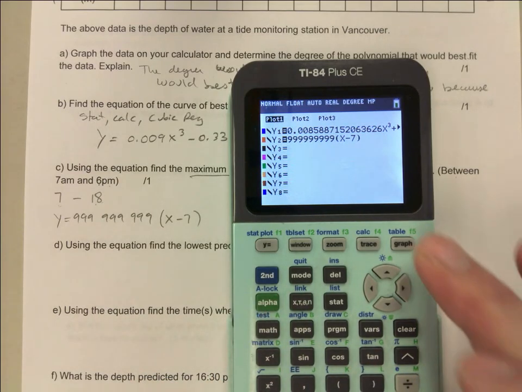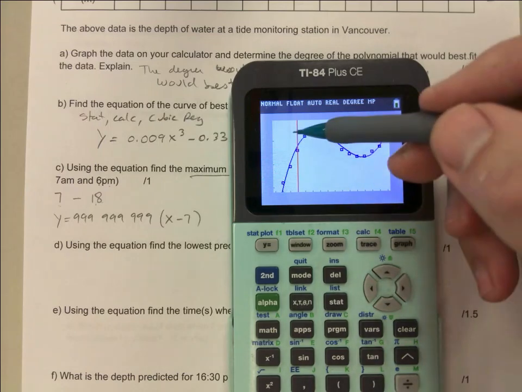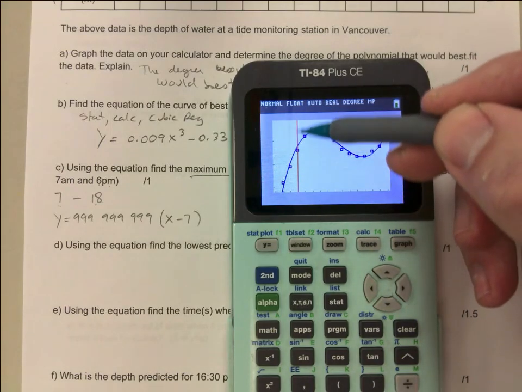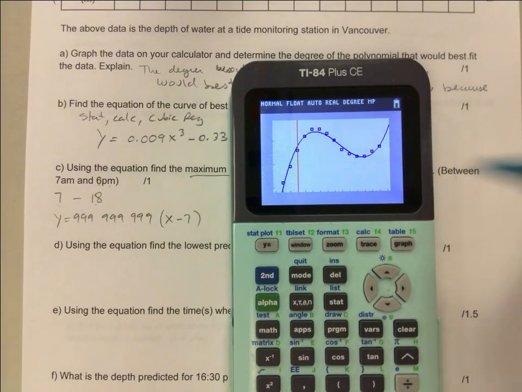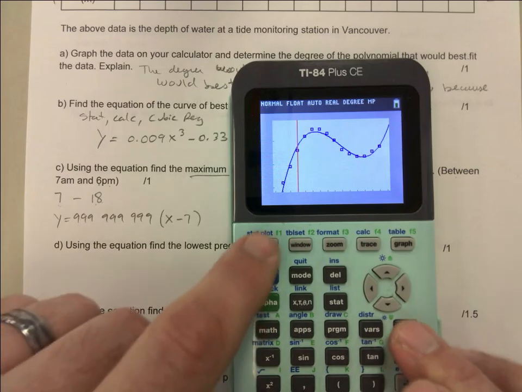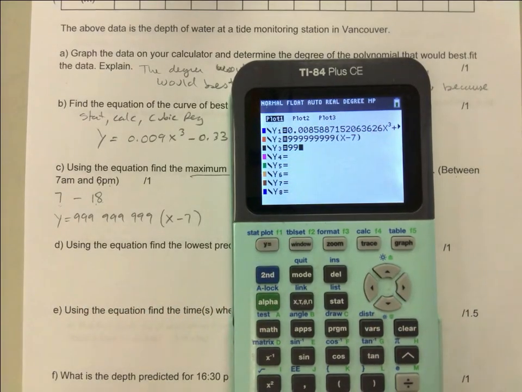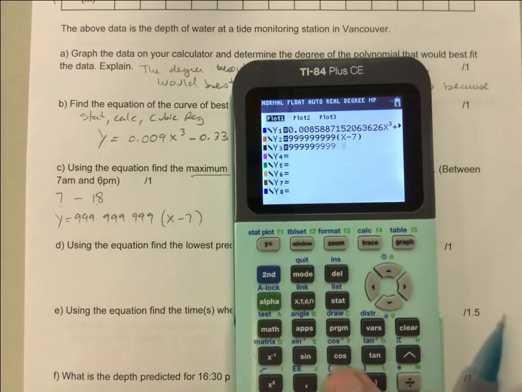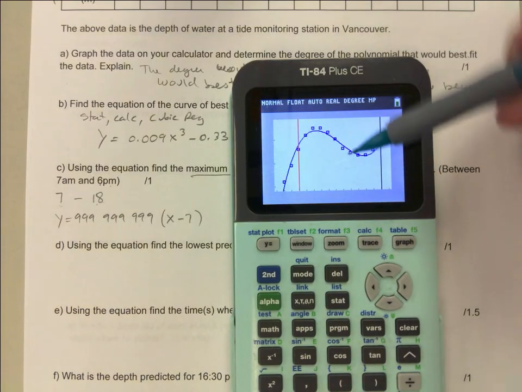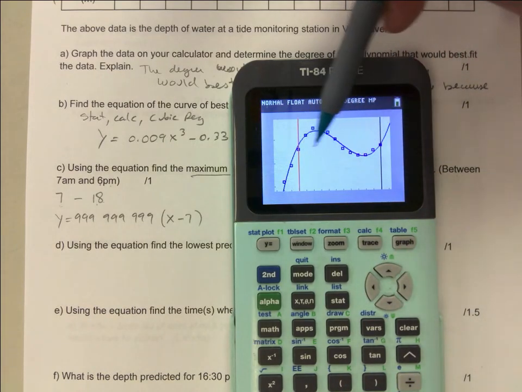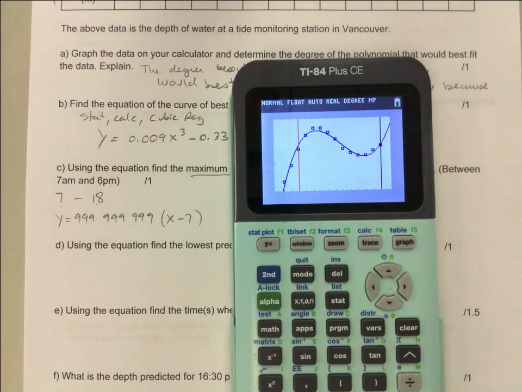If you graph that, you know that this is where 7 starts. Like x equals 7 is there. And if you want to have one at 18, you do the same thing. 1, 2, 3, 4, 5, 6, 7, 8, 9. X minus 18. So now you know that you only want to stay between those two x values, right? That's the only part that we're considering here.